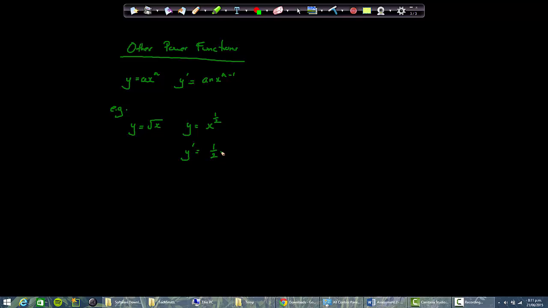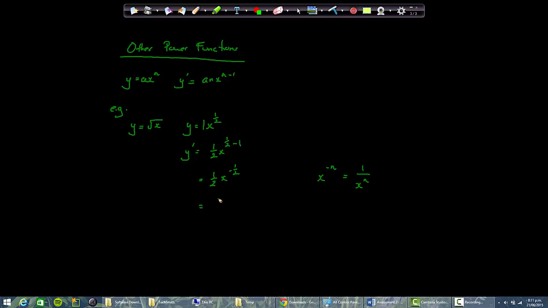So half times x, because the coefficient's 1 times a half is a half, and we subtract 1 from that power. Well, that can be simplified to half times x to the power of -1/2, which is a perfectly good answer, but can be written in more tidy form. You might recall that x to the power of negative something can be rewritten as 1 over x to the power of that something.